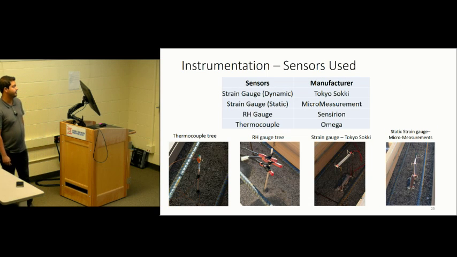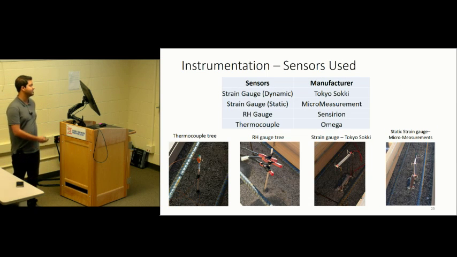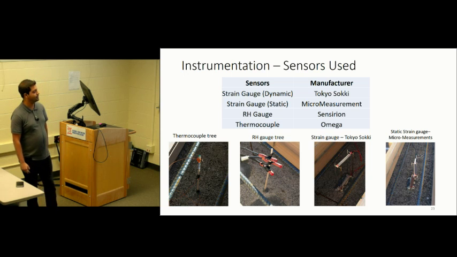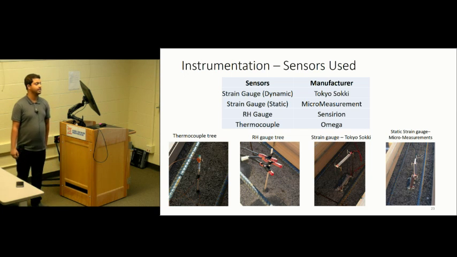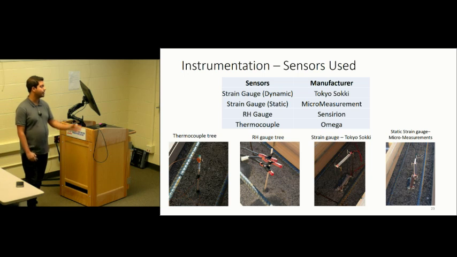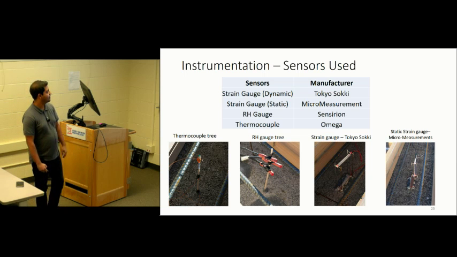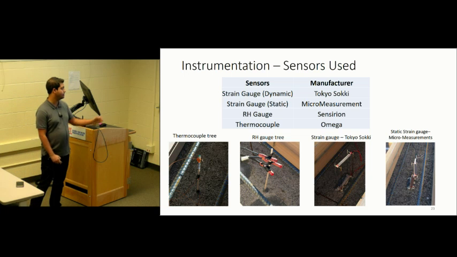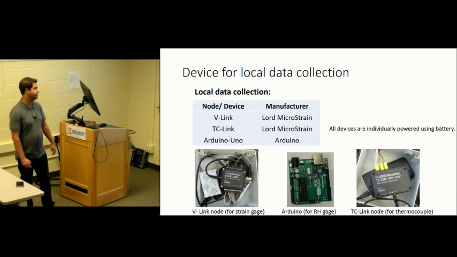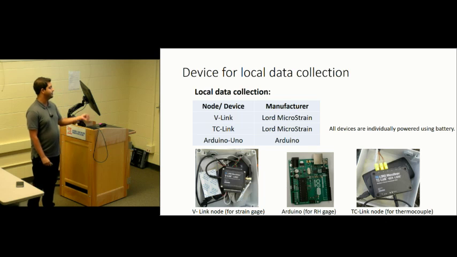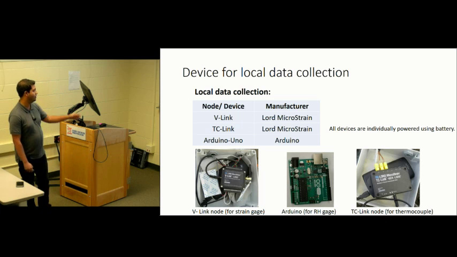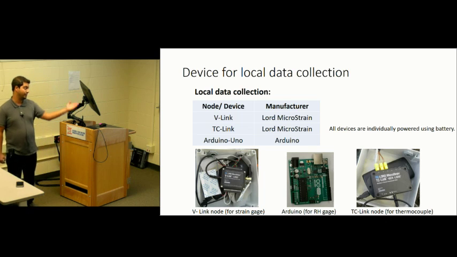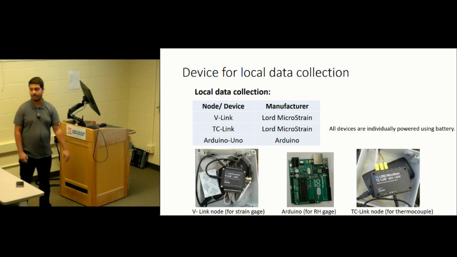Some of the sensors that we used were static strain gauges, dynamic strain gauges, relative humidity sensors from Sensirion, and thermocouples from Omega. They are placed in chairs or trees. That's what we call thermocouple trees or relative humidity trees. Strain gauges are connected to a V-Link, which is manufactured by LORD MicroStrain, and we have used Arduino for the relative humidity gauge.